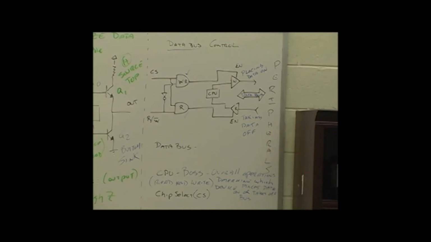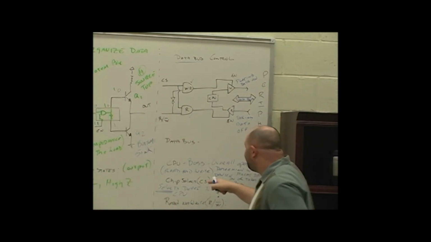These control signals, what are they called? Chip select, read not write. What's a key word there? Selects. This signal comes from where? The decoder. It comes from the decoder and it's sent out. As long as that signal remains low, what's going on?